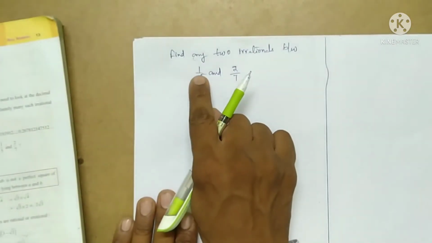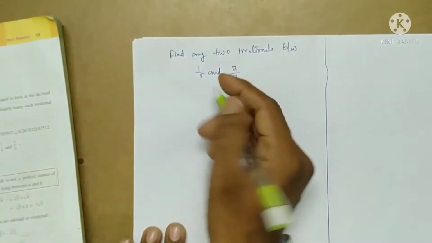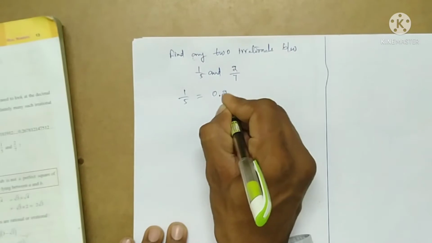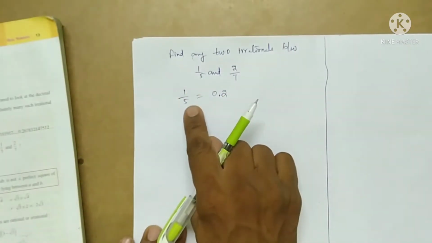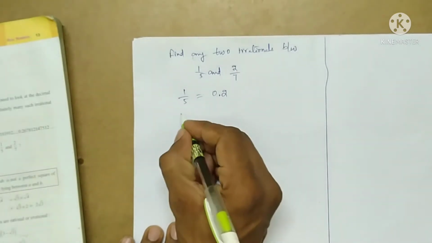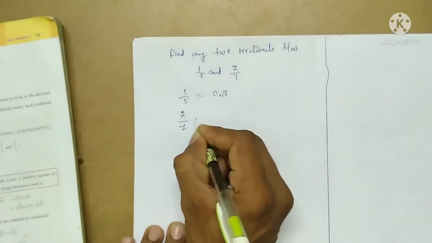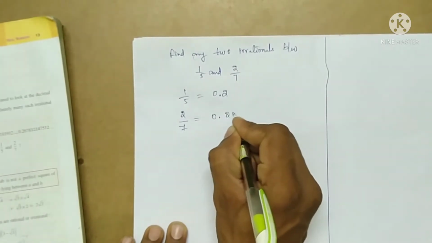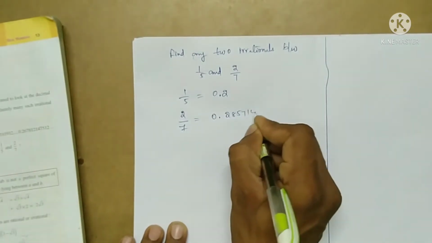So here the decimal form of 1/5 is 0.2, right? And 2/7, we already know the decimal form of 2/7 is 0.285714.